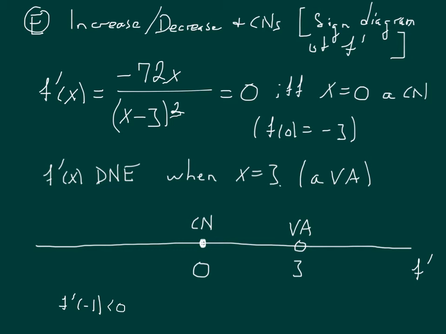All right, so that means on the entire interval, f prime is going to be negative. And you can check to see that on the interval 0, 3, it's positive, for example, by evaluating f prime at 1. And on the interval 3 to infinity, it's negative, for example, by evaluating f prime at 4. I'll let you check that.